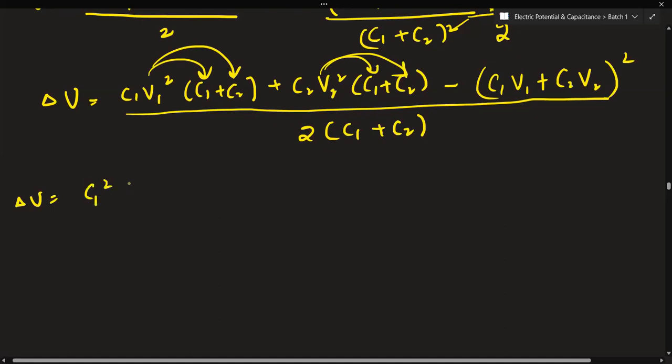This will become C1 square V1 square, plus C1 C2 V1 square. I'm just opening all the brackets by multiplying.